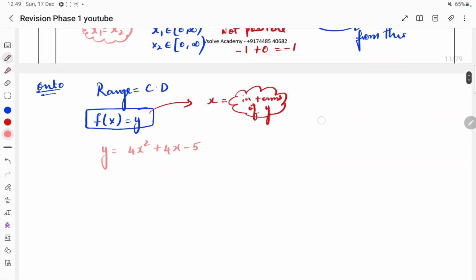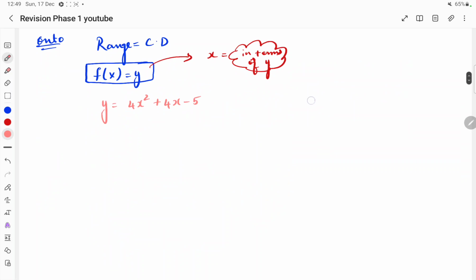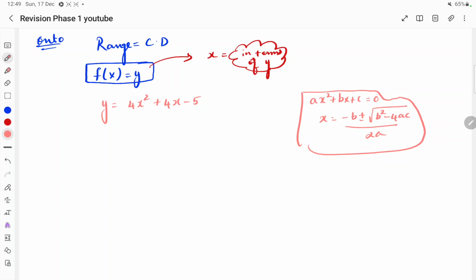So if we have ax square plus bx plus c equal to 0, then x will be equal to minus b plus or minus root of b square minus 4ac by 2a. We can use this if we have equal to 0, so first bring this y here, it will be minus y. So 4x square plus 4x minus 5 minus y equal to 0.